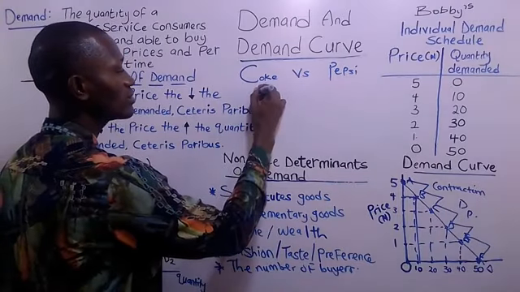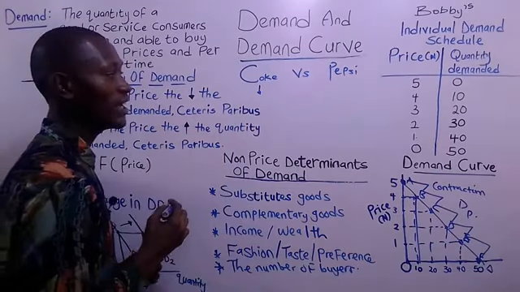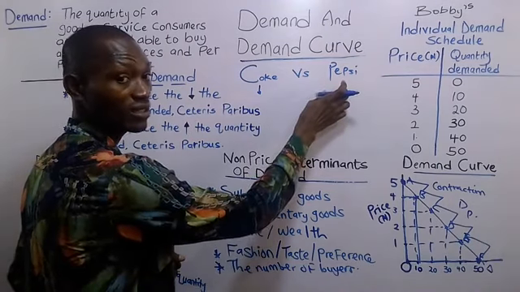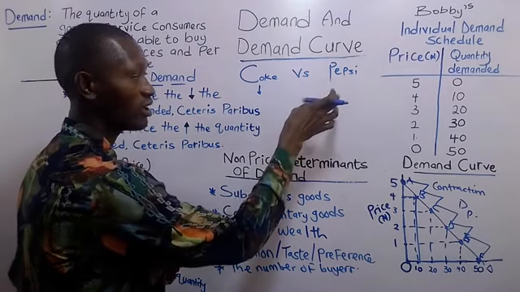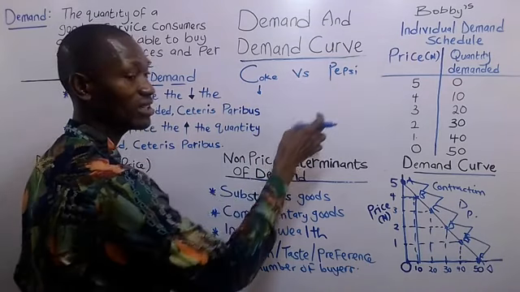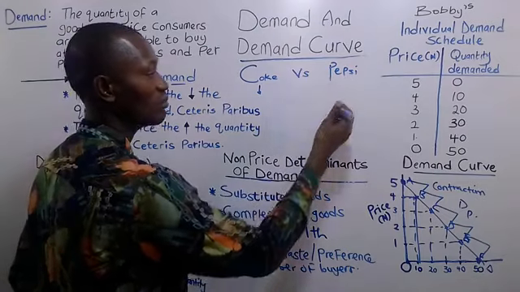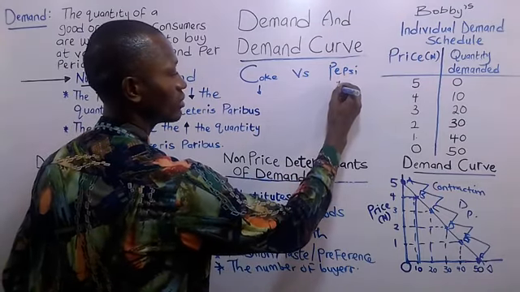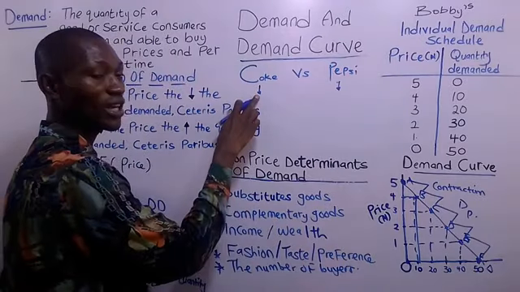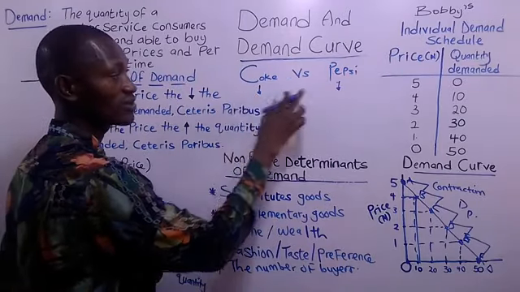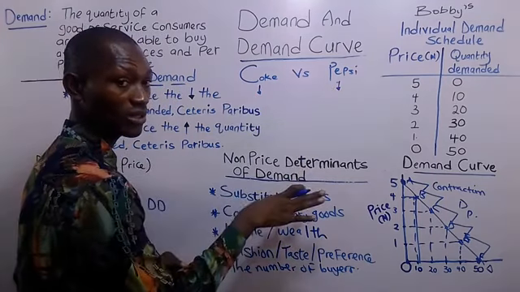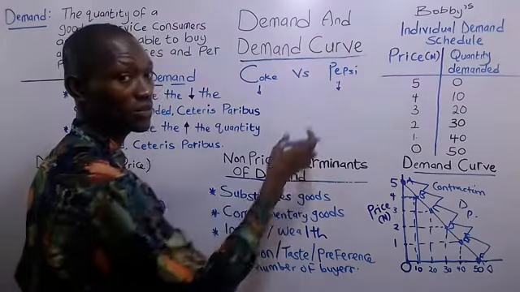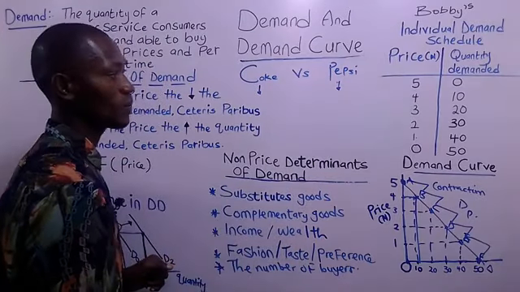A decrease in the price of Coke, ceteris paribus, will make Pepsi less price competitive, and that means the demand for Pepsi will decrease as well.